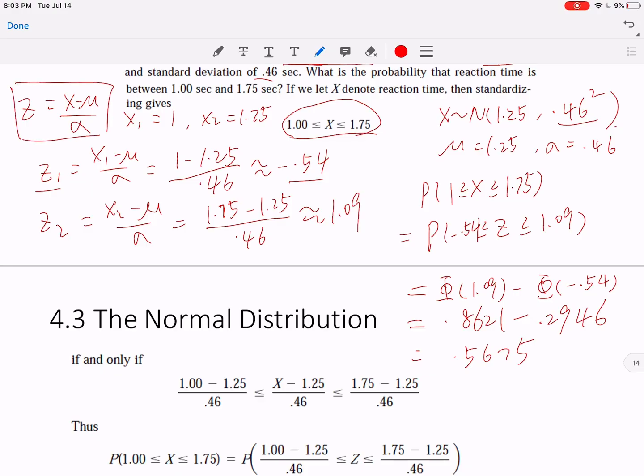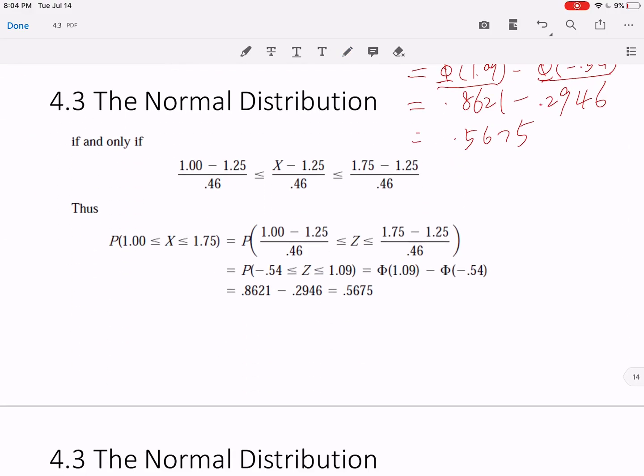Once we have those two corresponding z values, we can convert the probability into a completely equivalent form, which is the probability that z is greater than or equal to negative 0.54 and less than or equal to 1.09. And then we can find those two numbers from the z table.